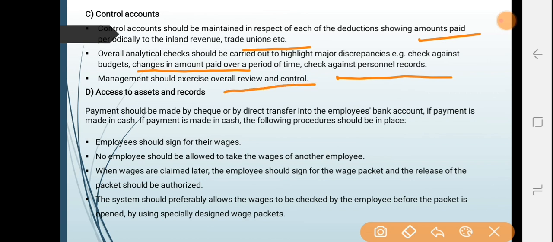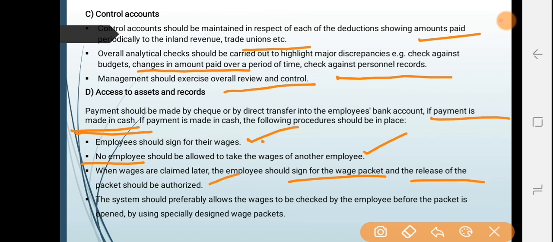Then access to assets and records. See, payment should be made by checks or by direct transfer into the employee's bank account. If payment is made in cash, then here are some procedures to follow. Okay, the first one is employees should sign for their wages. Okay, no employee should be allowed to take the wages of another employee. Then if wages are claimed later, the employee should sign for the wage packet, and then release of the packet should be authorized.